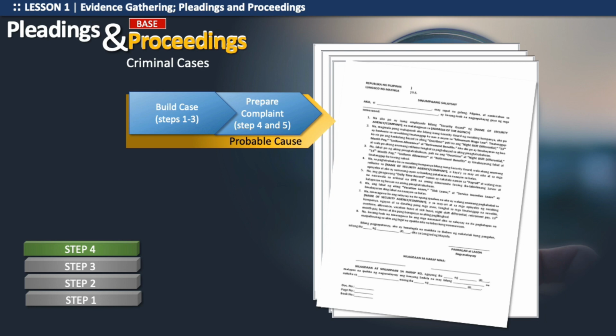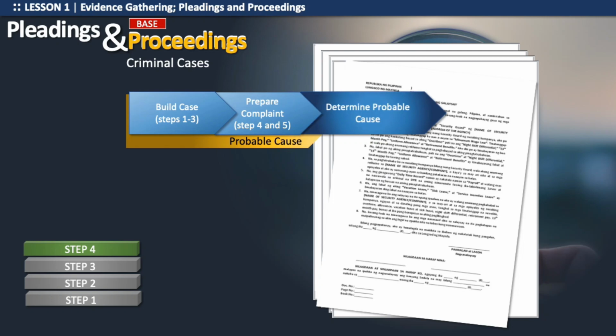Anyway, these instruments to institute the criminal action would be submitted to the prosecutor. And the prosecutor, at a high level, really makes a determination of whether it's worthwhile to proceed to file the case in court or not.